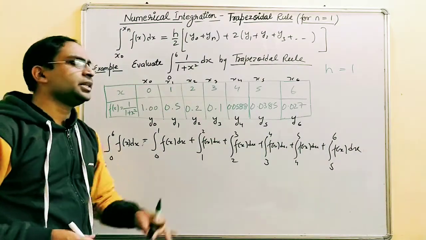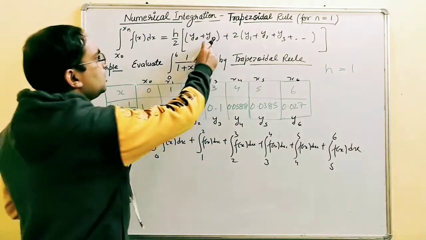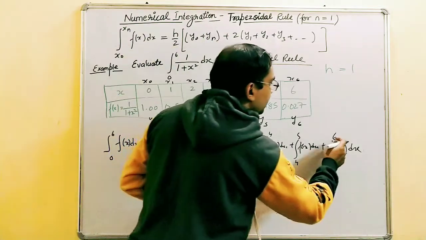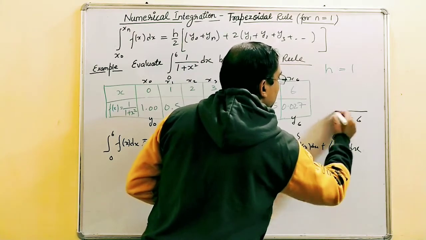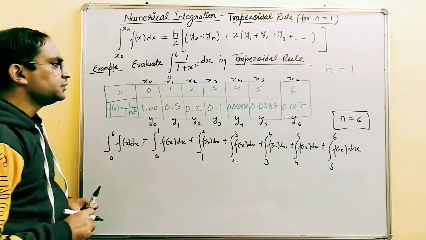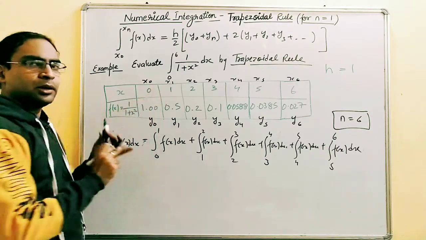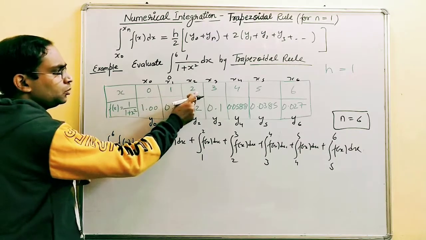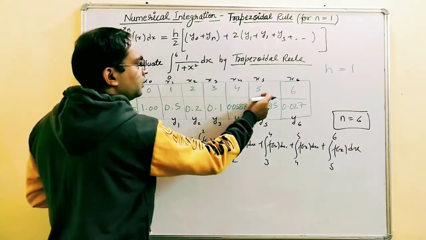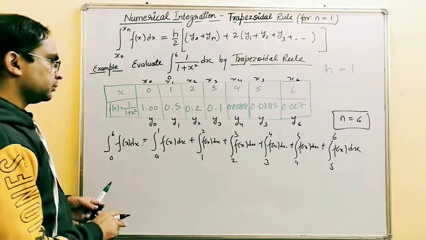And we can apply the trapezoidal rule on this, where the final value of n here in this case is 6, because we have 6 intervals: 0 to 1, interval 1, interval 2, interval 3, 4, 5 and interval number 6.